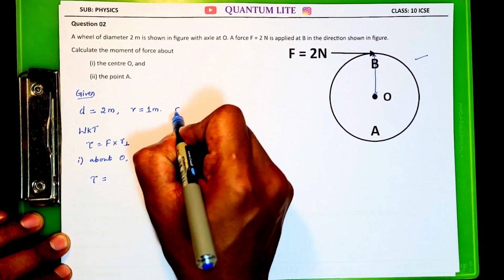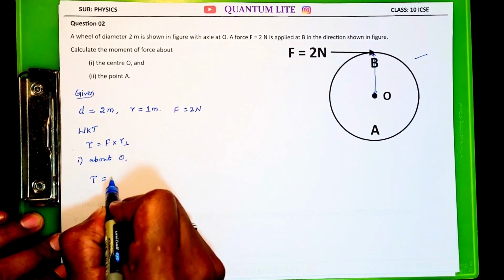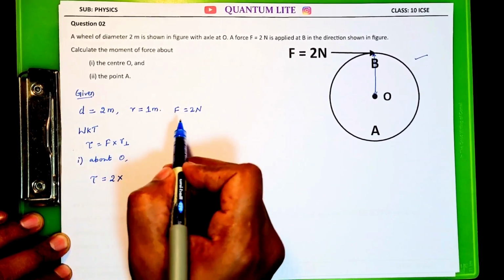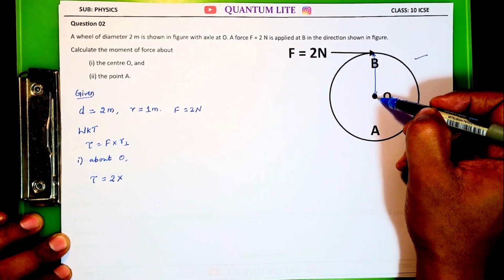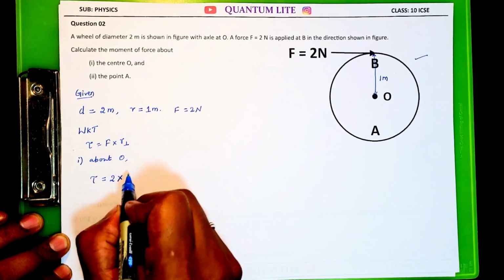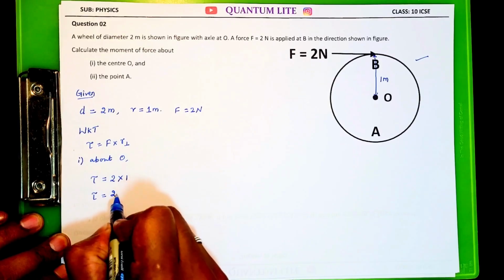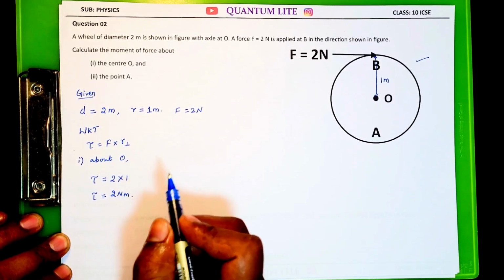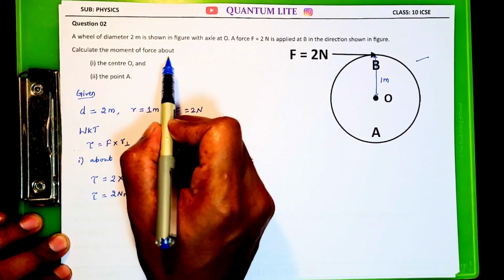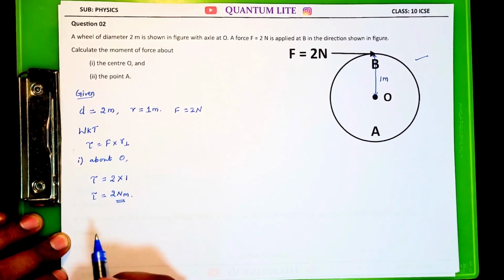Force F is equal to 2 Newton, into the perpendicular distance from O to B, which is 1 meter. That means radius equal to 1 meter. So tau is equal to 2 Newton meter. That means the moment of force about O is equal to 2 Newton meter.